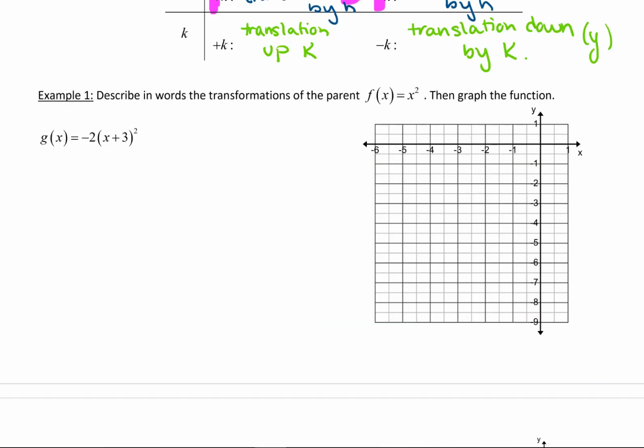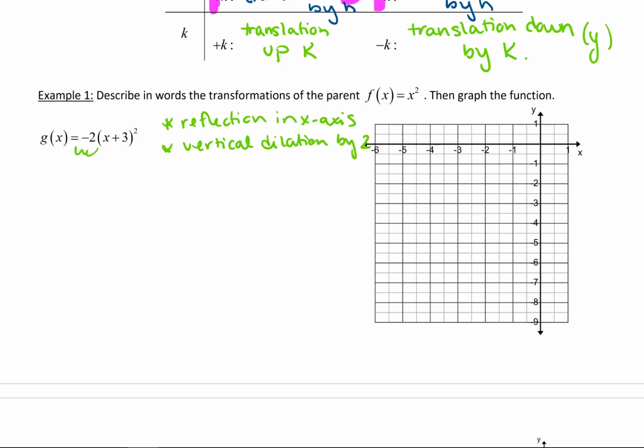So in the first example, we're just practicing applying our transformations. So let's write down all the names of our transformations. We have a reflection in the x-axis. We have a vertical dilation by 2.